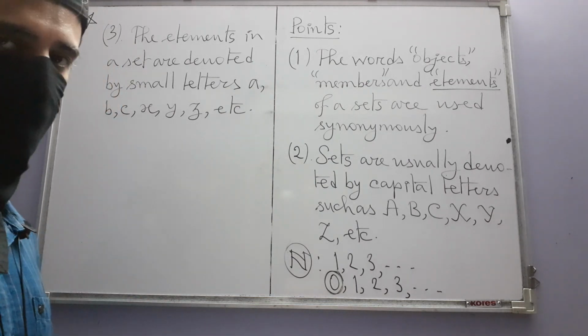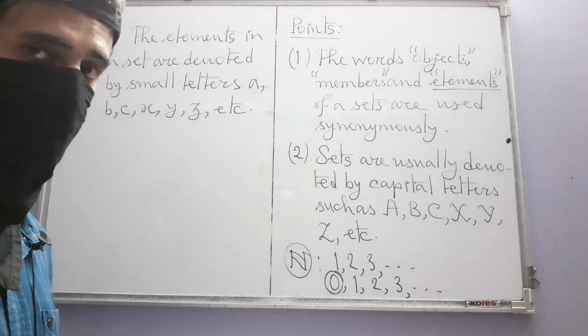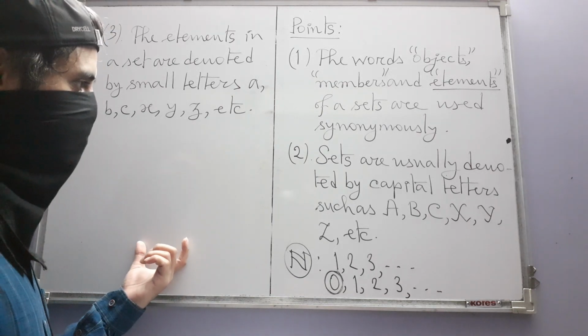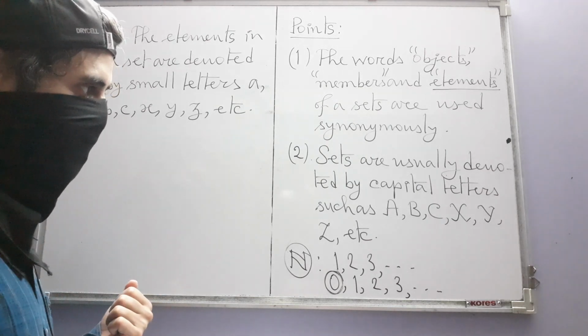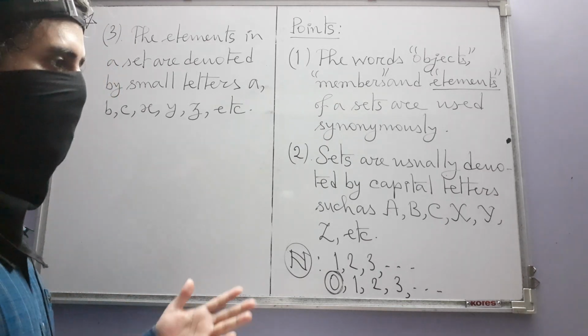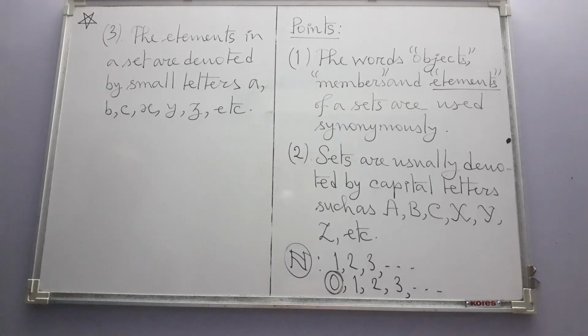Let us now come to the part where we talk about notations that will make our life easier. We will not have to write again and again that 1 is an element in N. There are symbols for that.